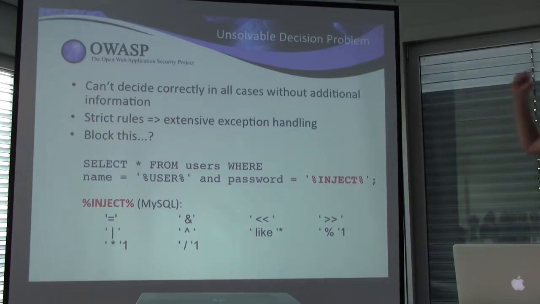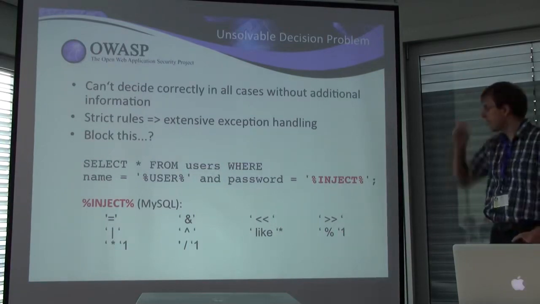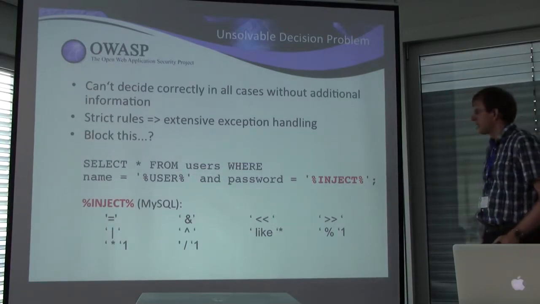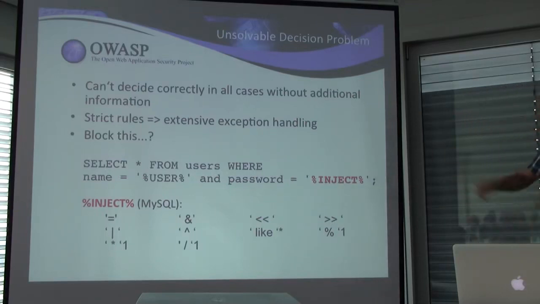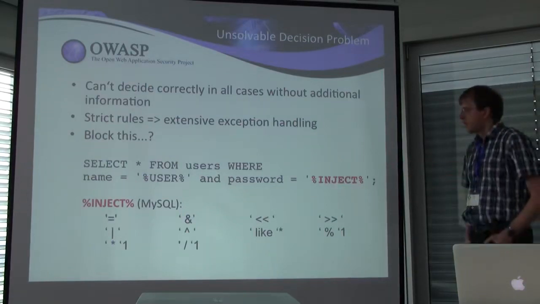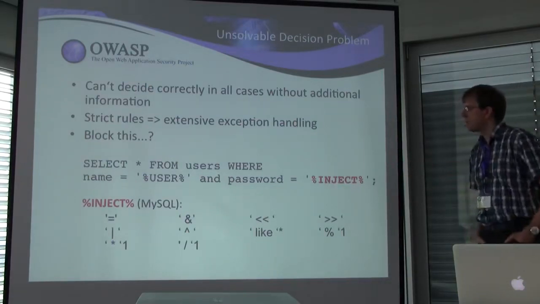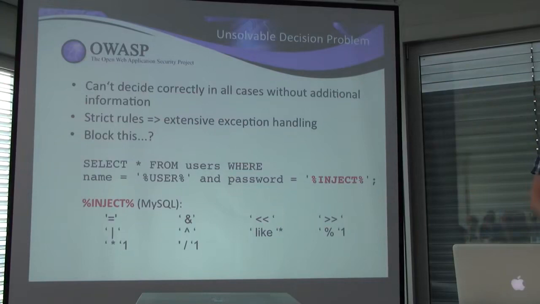So consider, for example, this easy select statement where you could inject into the password field in a single quote context. All these 10 variants can be used to bypass this password check. So do you really want to block all these strings here? Maybe you say, okay, let's block a quote, operator, quote.